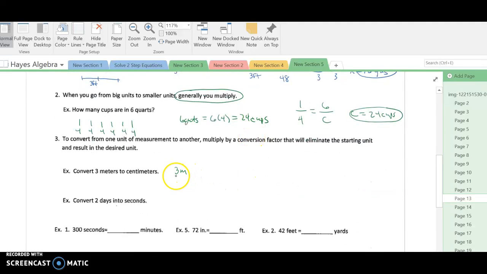So right now we know 3 meters is equal to, I need the units to cancel out. So I know 100 centimeters is equivalent to 1 meter. So 3 meters times 100 is 300 centimeters.